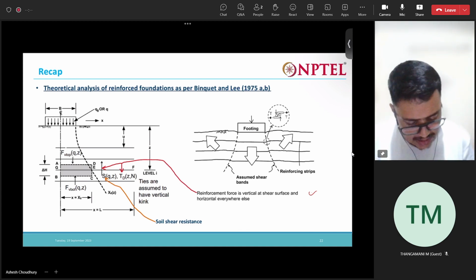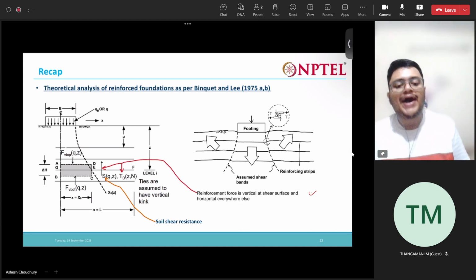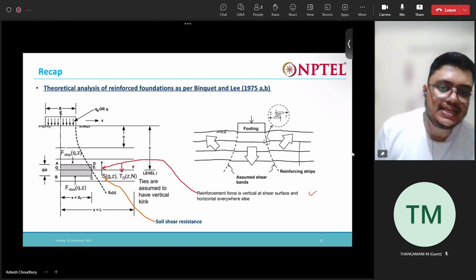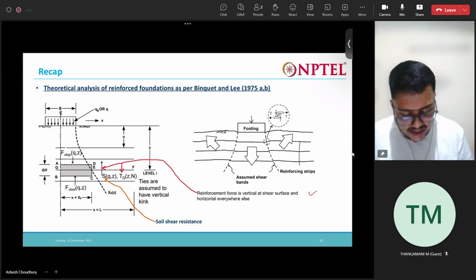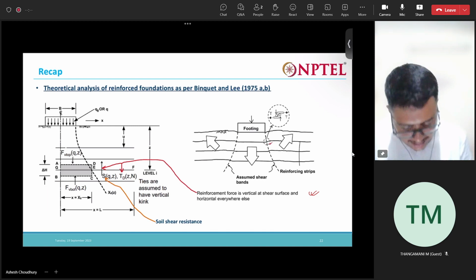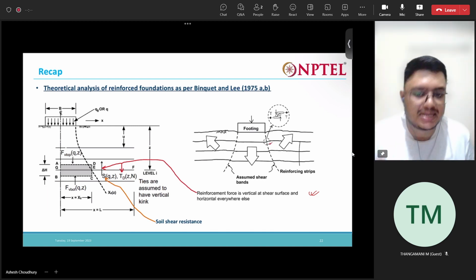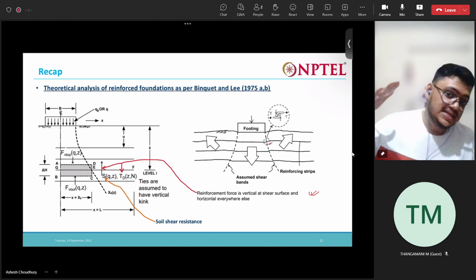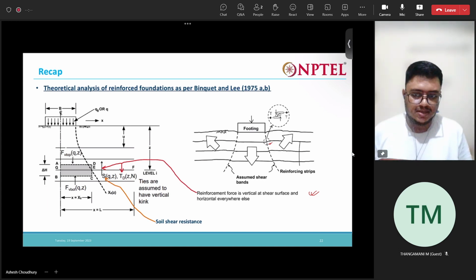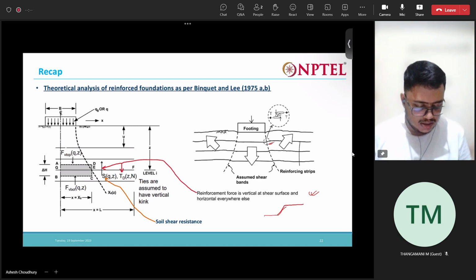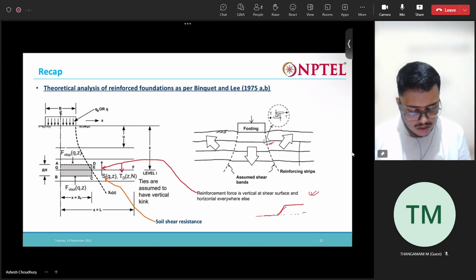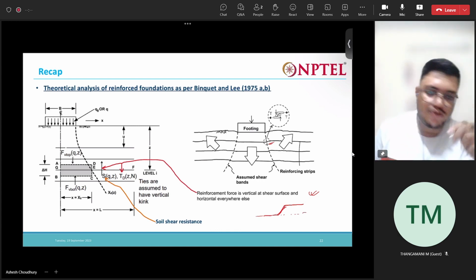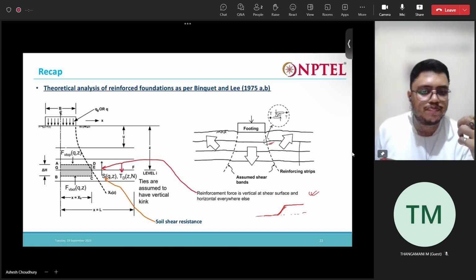What happens is, at the verge of when the loads are actually acting, there is a kink that develops here, at the interface where the shear stress is maximum. So this reinforcement is not actually straight. Initially it should be straight, but due to the load there is a kink that forms on the reinforcement.